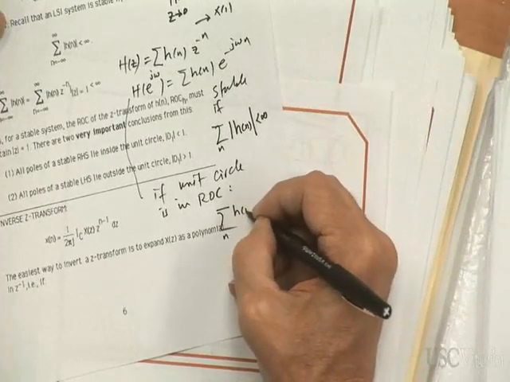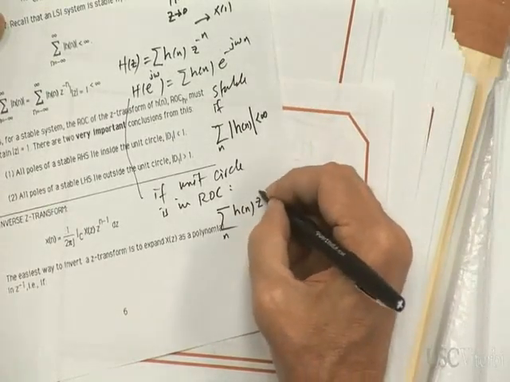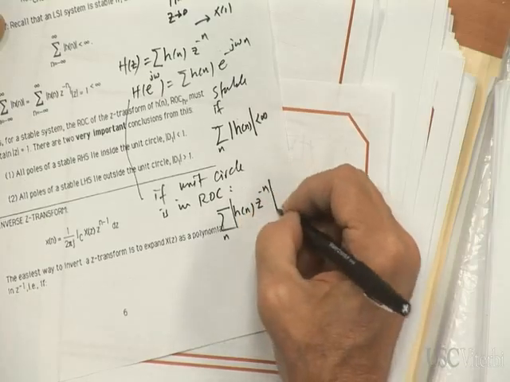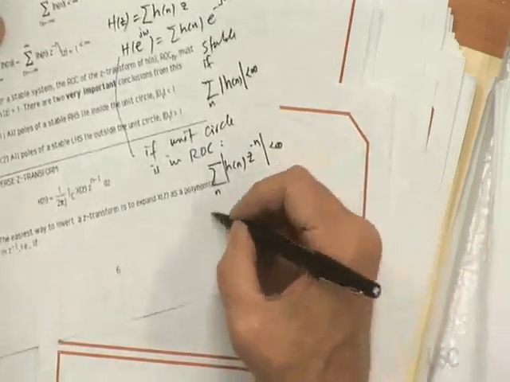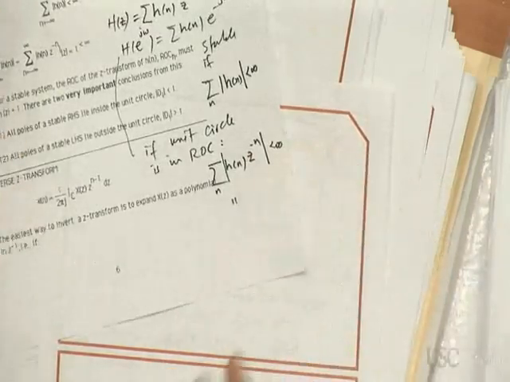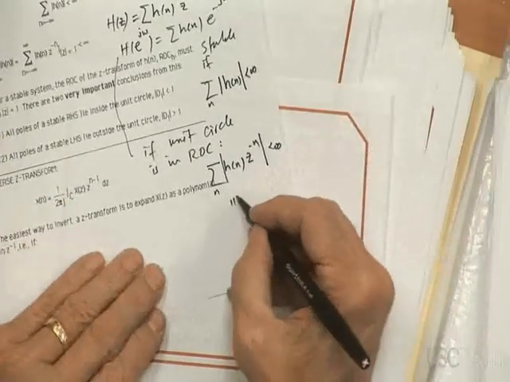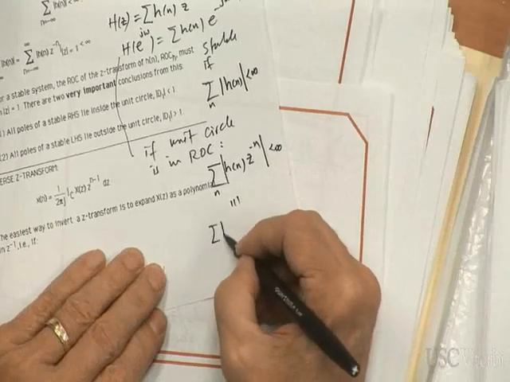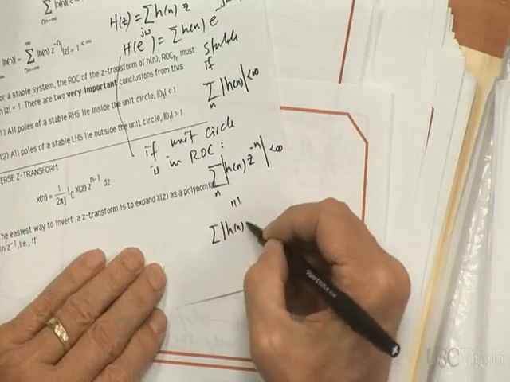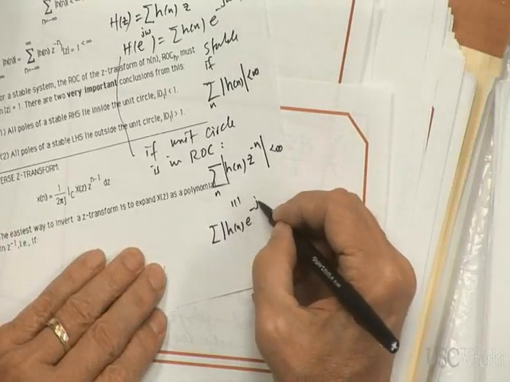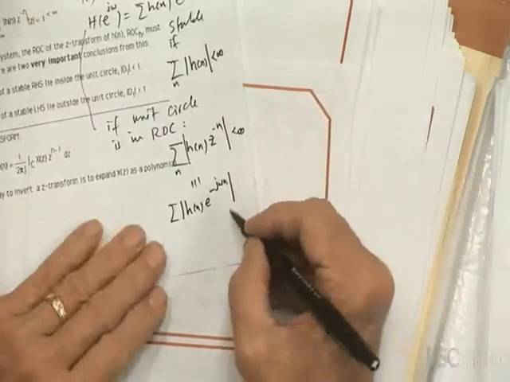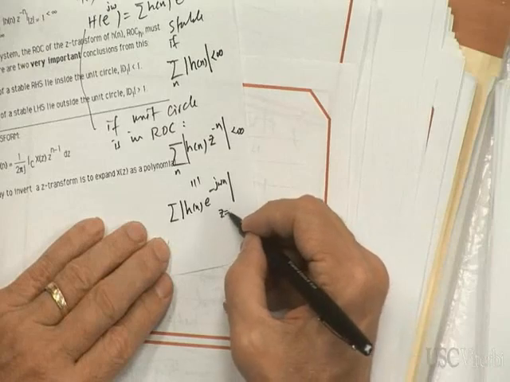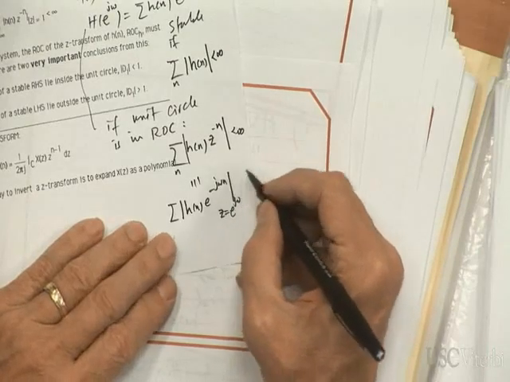The sum of magnitude of h of n times z to the minus n is less than infinity, or, if I'm talking about the unit circle, this is equal to the sum of magnitude of h of n e to the minus j omega n, and that's z evaluated at z equal e to the j omega.